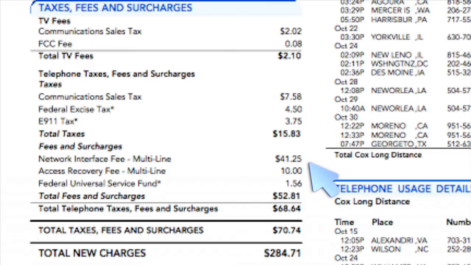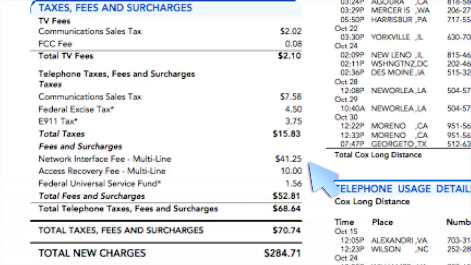A second fee that is questioned is the network interface fee shown here. This fee is a cost recovery fee for telecommunications network access to directory assistance, operator services, E911, and other carrier network interfaces. As with most taxes and fees, this is subject to change and varies by market.